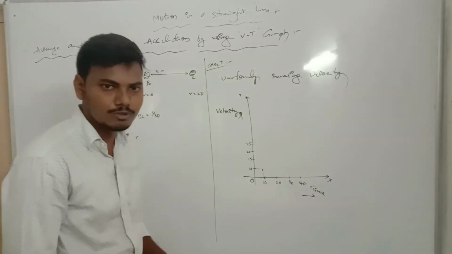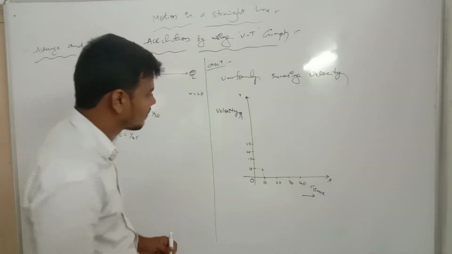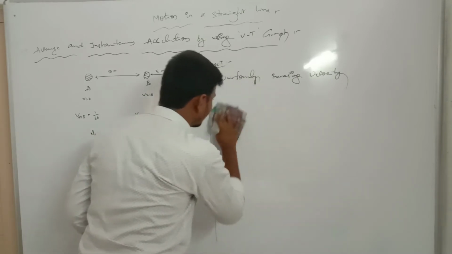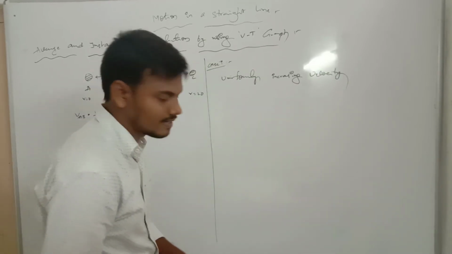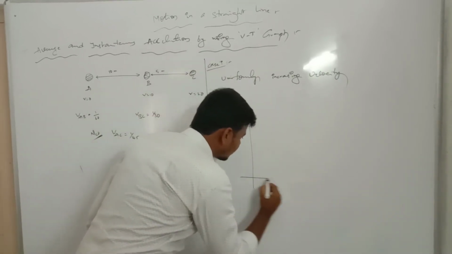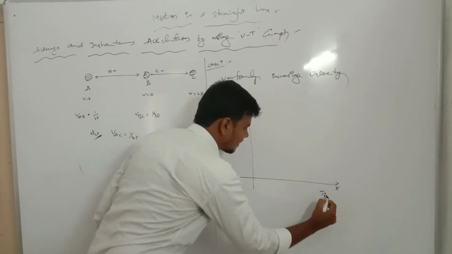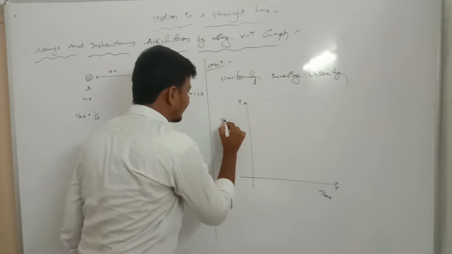For example, if we choose another secondary one, we can represent it the same way. How can we? The same graph will be applicable from our previous class to represent this. Okay, this is the x-axis time period graph, y-axis velocity graph.